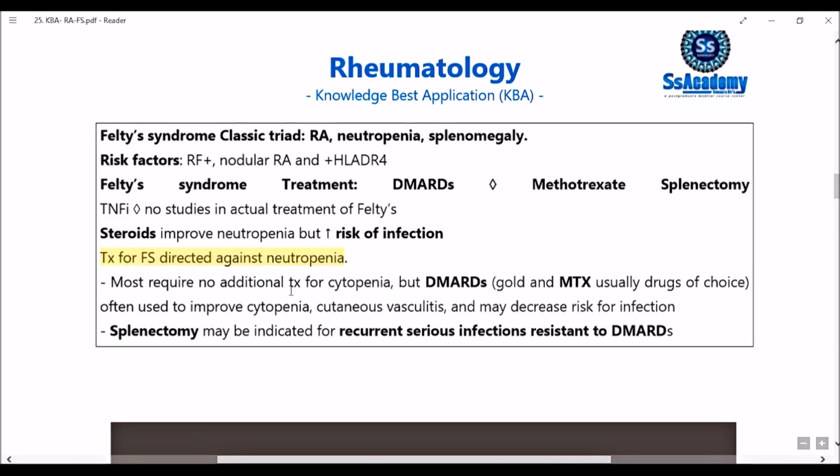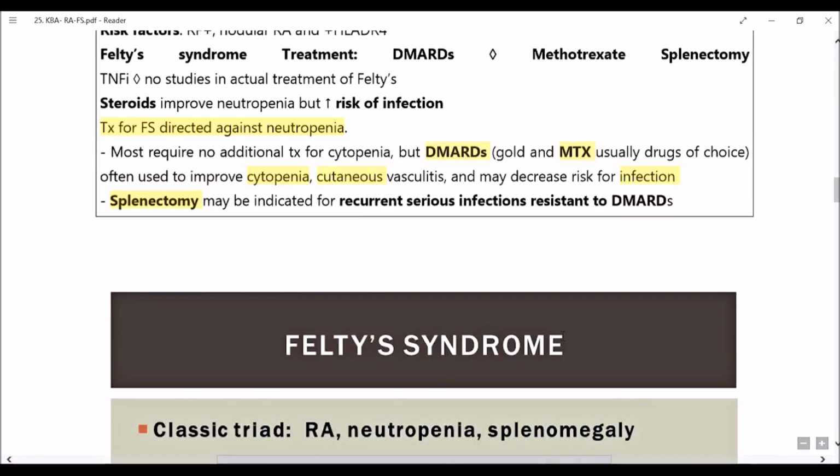Most often no additional treatment for cytopenia, but DMARD is the most important, methotrexate, usually the drug of choice, often used to improve the cytopenia, cutaneous vasculitis, and also the infections. Splenectomy is indicated for recurrent serious infections resistant to DMARDs.